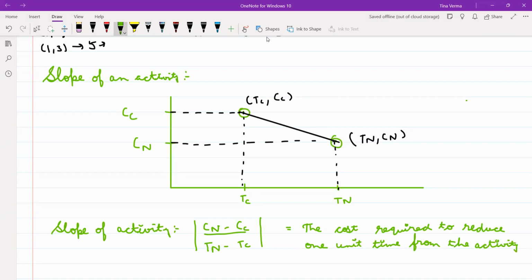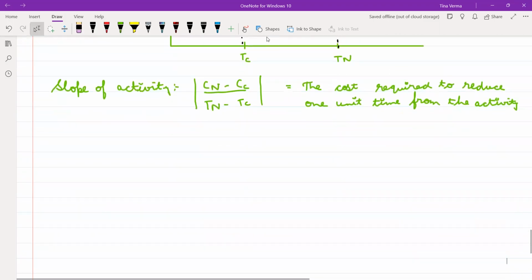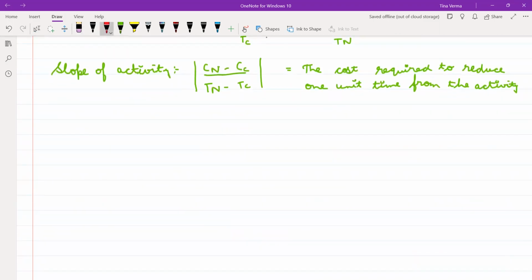Is it clear? If you have to reduce one day, then you have to pay 1 into the slope. If you have to reduce 2 days, then how much will your cost increase? 2 into the slope of that activity from which you reduce. Is it clear?